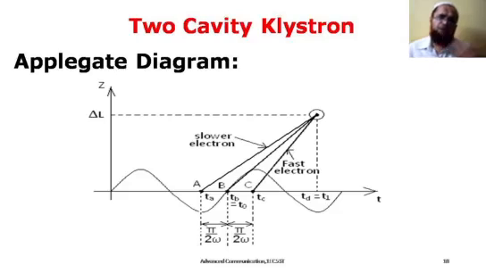One electron comes and is collected, but at the same time multiple electrons are coming and gathering at the same place. We have higher energy, and that gathering and accumulation we call bunching.